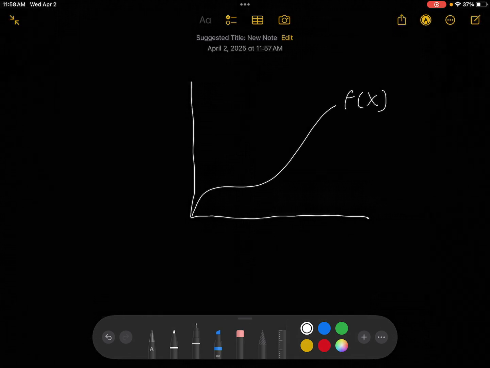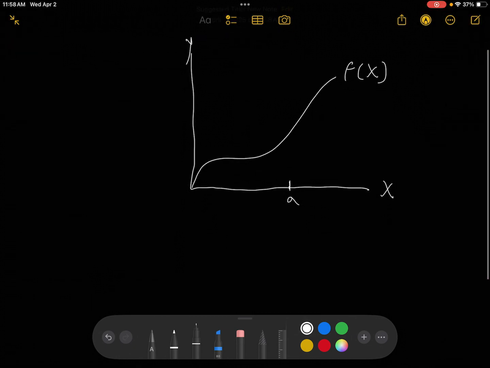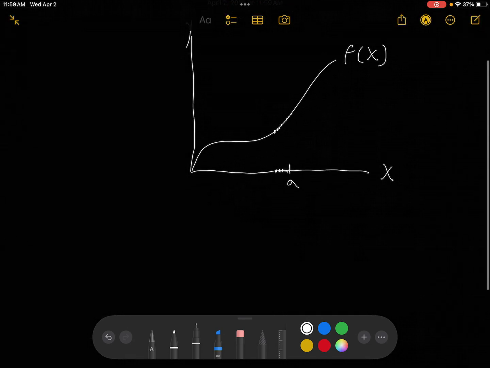So say I have a function. Let's call this function f of x. And I want to find the limit of the function at a certain point. So when we're asking for this, what we're asking for is, as I take x values that are getting closer and closer to a, what are the corresponding f of x values getting closer and closer to?